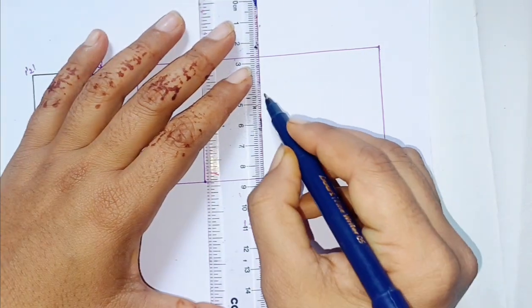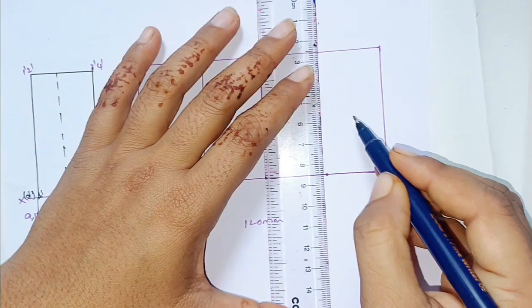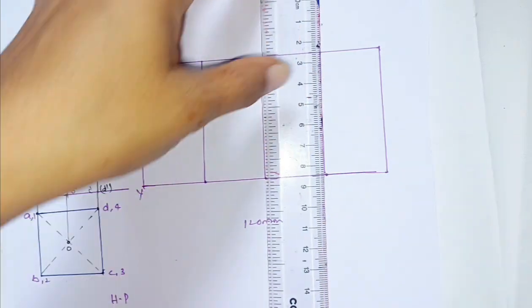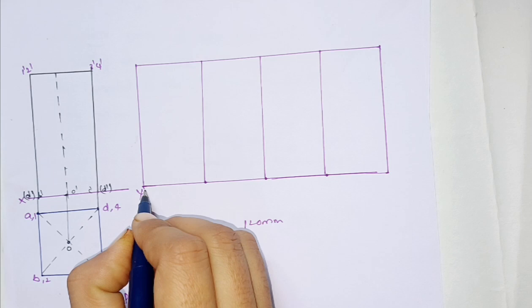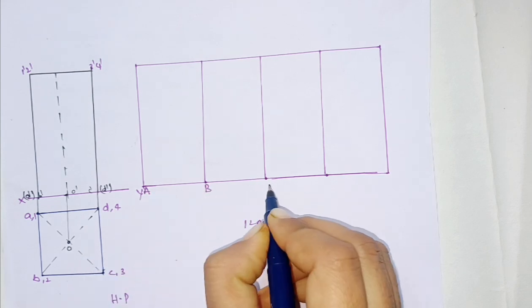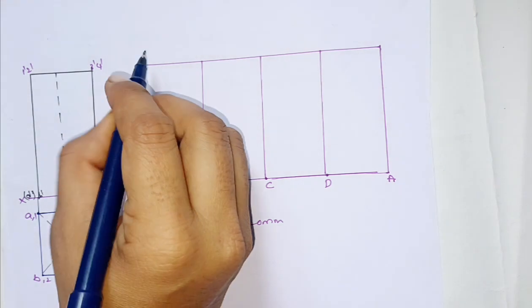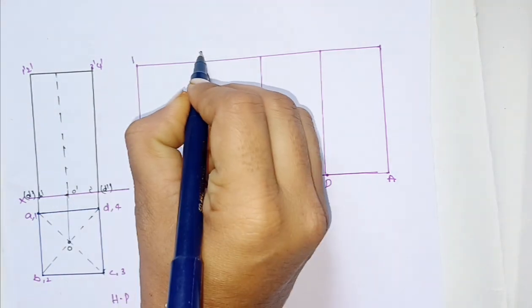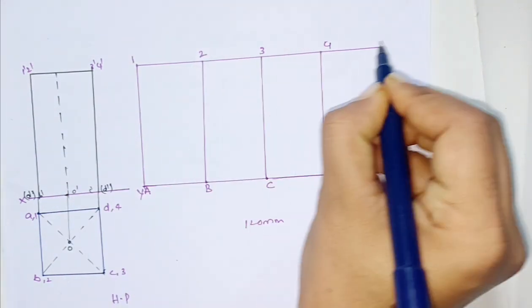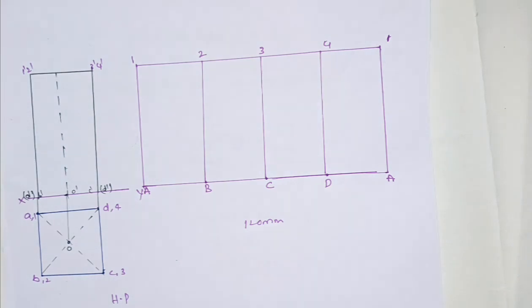Join the vertical lines. Mention the names A, B, C, D and A. Similarly, at the top of the base mention 1, 2, 3, 4 and 1. Then you get the development of the square.